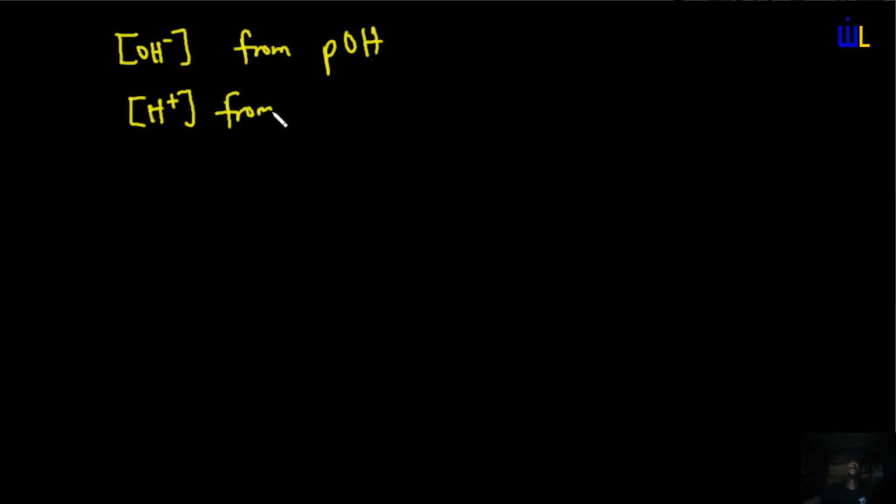Now, if you have a good knowledge of log reading, how are we going to relate concentration? How to find concentration of hydroxyl ion from pOH, or how to find concentration of hydrogen ion from pH.